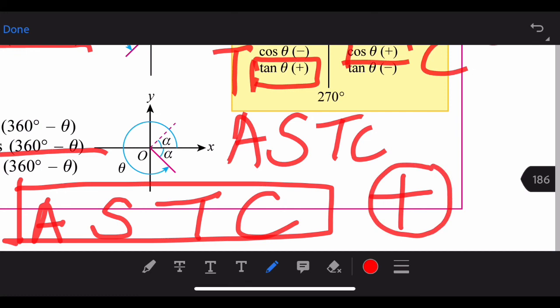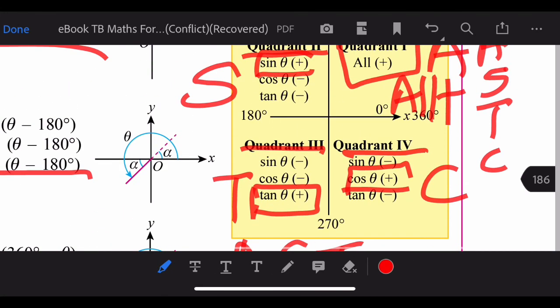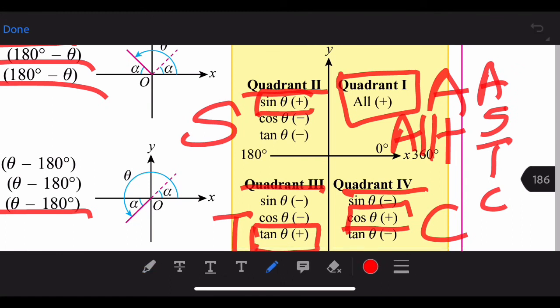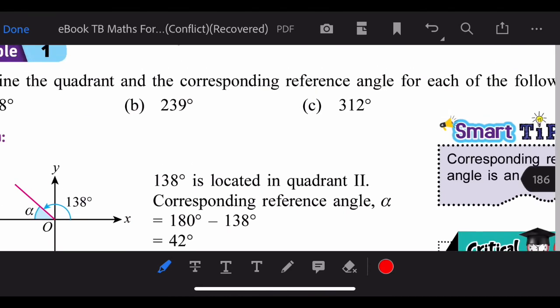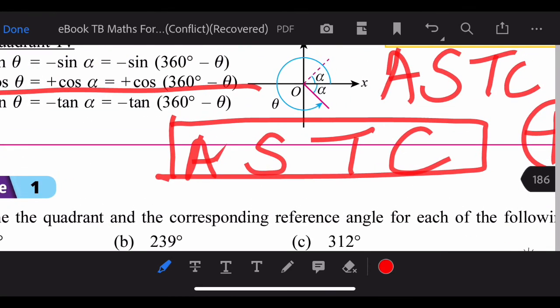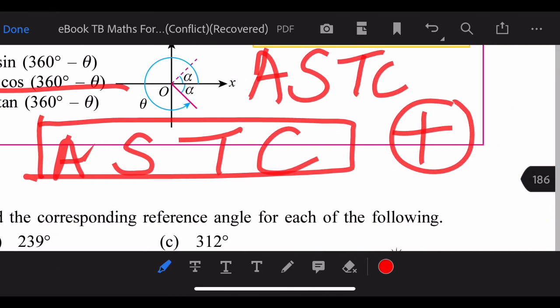It's memorized in this way, anti-clockwise. So first, second, third, fourth follows anti-clockwise. So that is how we memorize the signs for sine, cosine, and tangent. Still remember, all science teachers are crazy.